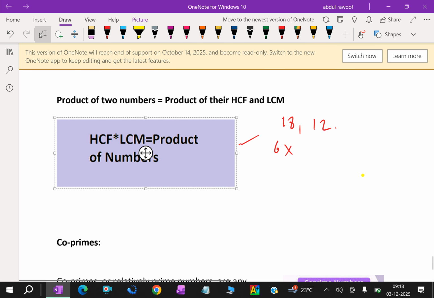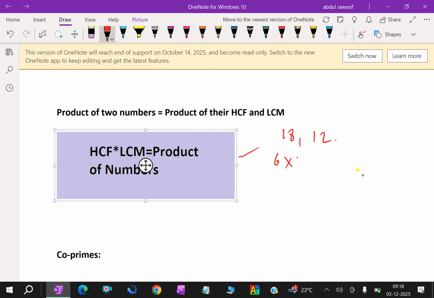So HCF into LCM, 6 into 36, is equal to 18 into 12. That means the product of HCF and LCM is equal to the product of the two numbers.